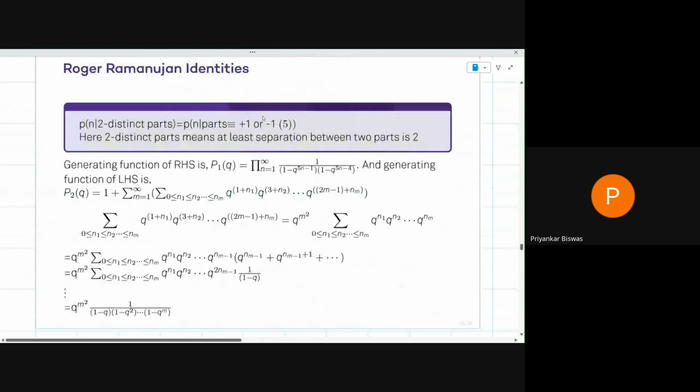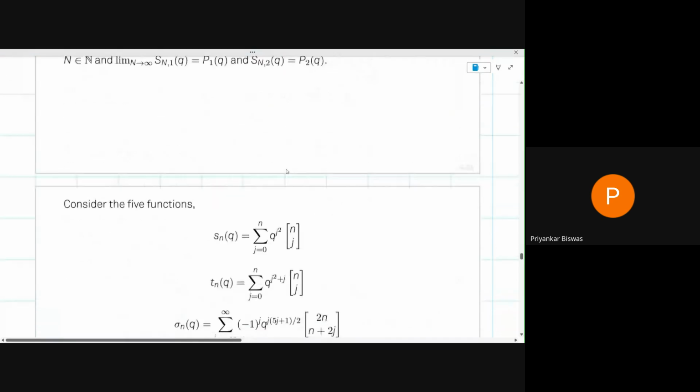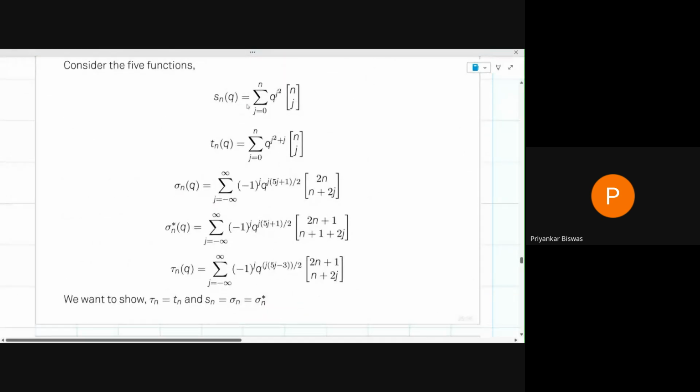Basically, in the proof sketch, you have to find the partition functions of both sides, and then you have to find two functions, one of which has as its limiting case the generating function of this, and the other the generating function of this. So you have to define all of these functions, Sn and sigma, and these two are actually equal.